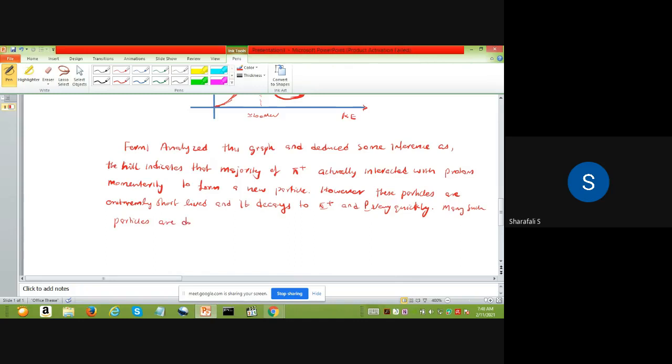And this particular process is known as resonance.